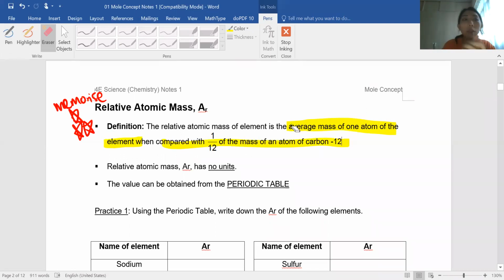Like the word relative suggests, it's a comparison. What do I mean by comparison? For example, let's say I am 50 kg. Let's say my son is 25 kg.